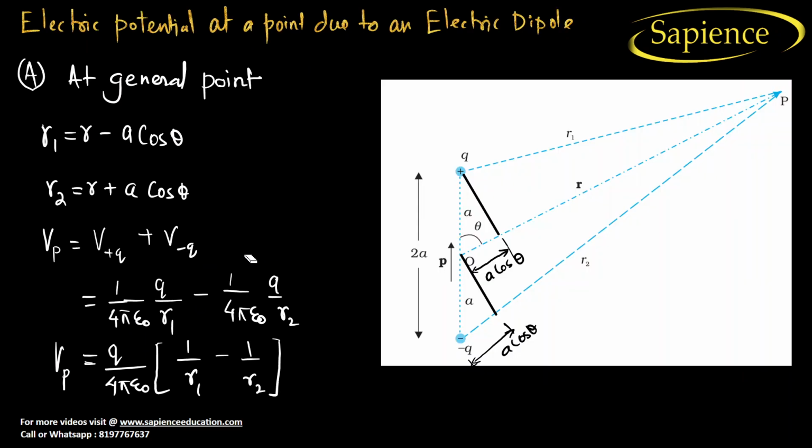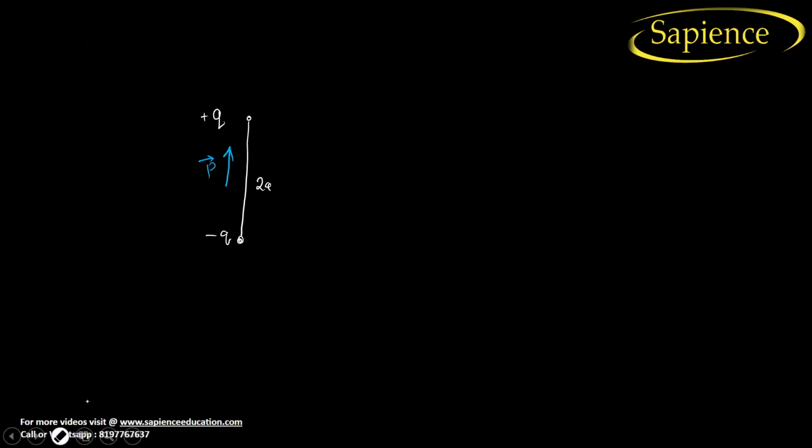Okay, see, you need to find the electric potential due to an electric dipole at a point. Let us consider this is the point, and at this point you want to find the electric potential due to the dipole, right? We know that the formula for electric potential is 1 by 4 pi epsilon naught into charge by r.